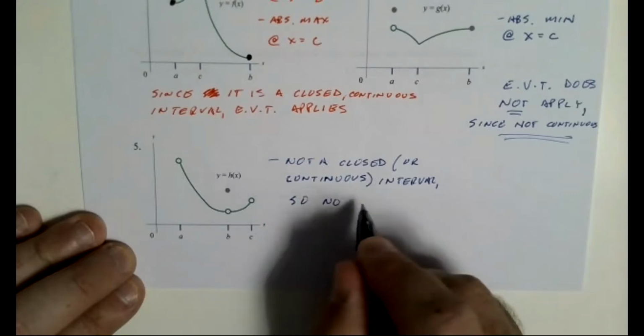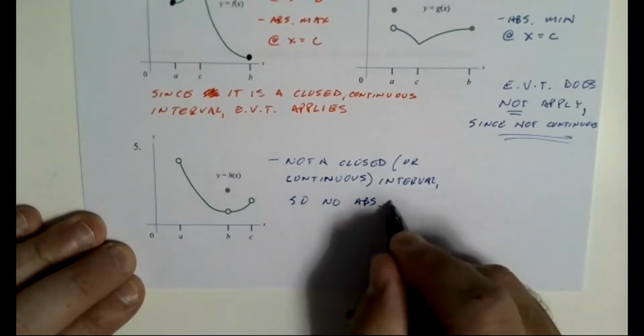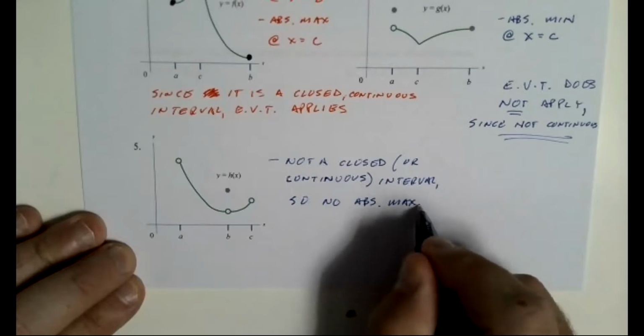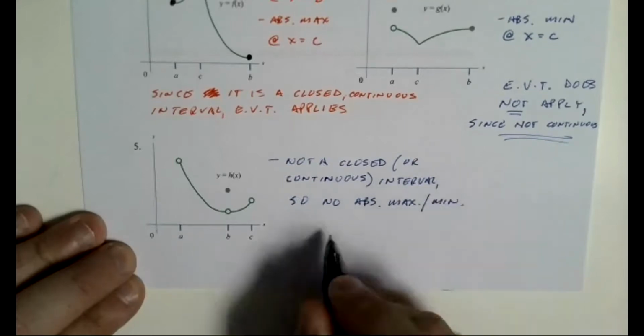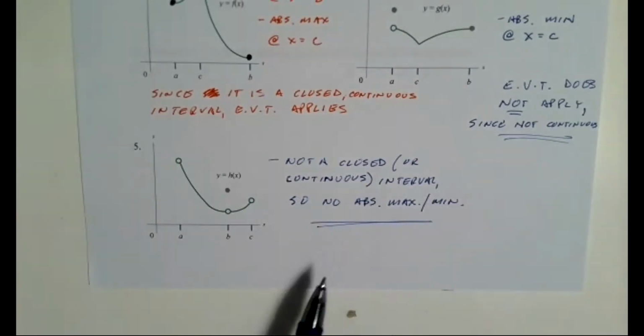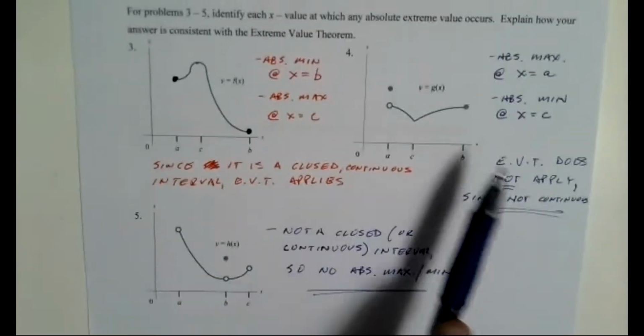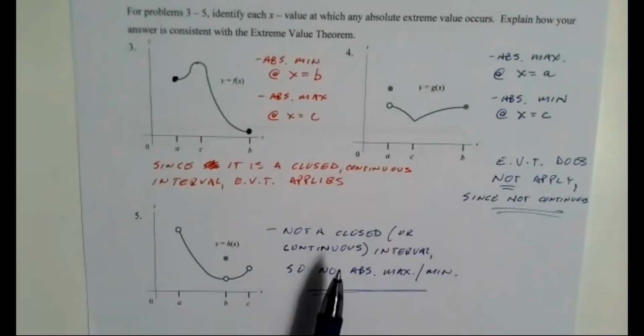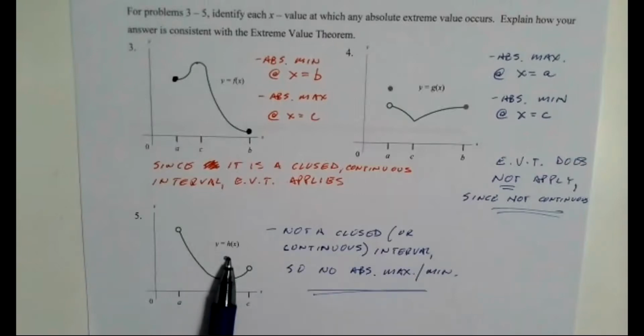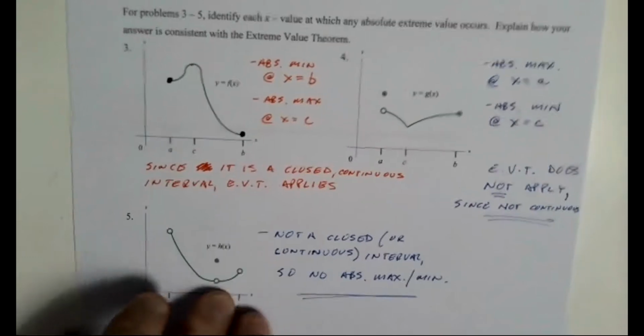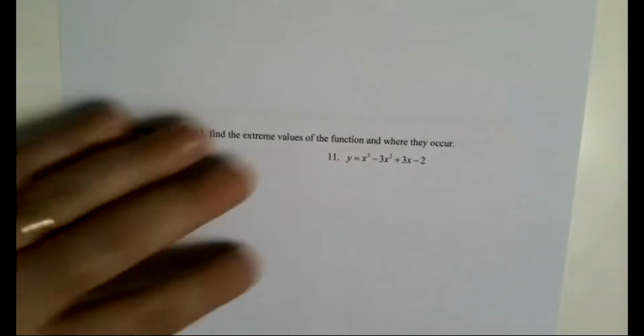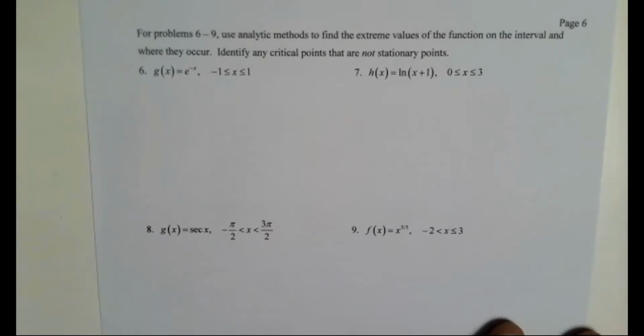So there's no absolute max or min. And, you know, up here, EVT doesn't apply, but there is a max and a min where it doesn't. So this really isn't the reason. It's just because there isn't. I mean, if this point was higher than this point, we'd have an absolute max. But since it's not closed, we don't have to. And in this case, we don't. Tricky to read and make sure you get it exactly right, but hopefully the practice helped.